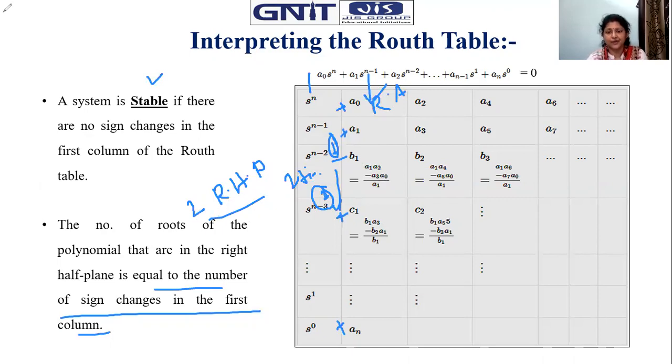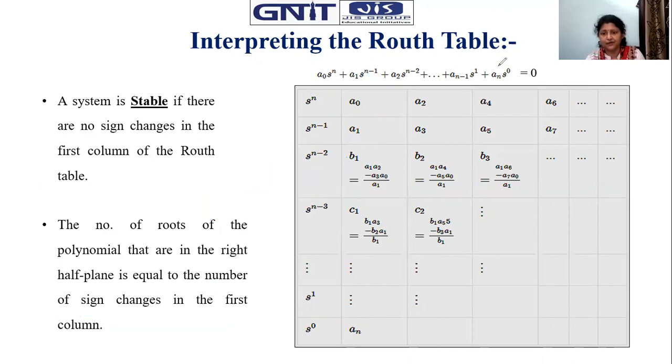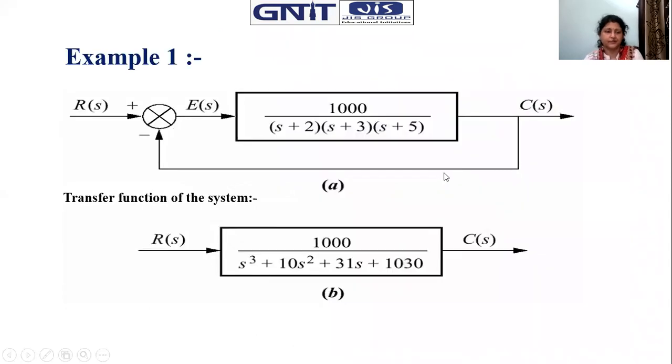Let's see more numerical examples, where we may observe the route criteria. Okay, so we are moving to the next part. Example number one: G(s) equals 1000 divided by (s plus 2) into (s plus 3) into (s plus 5). So we are getting here all poles in the left half of the s plane.